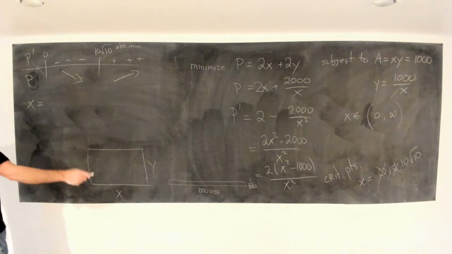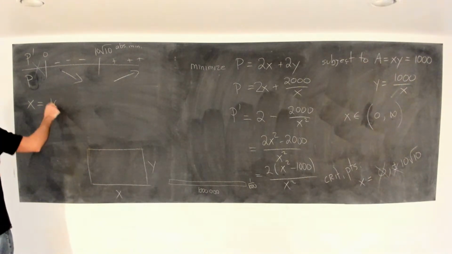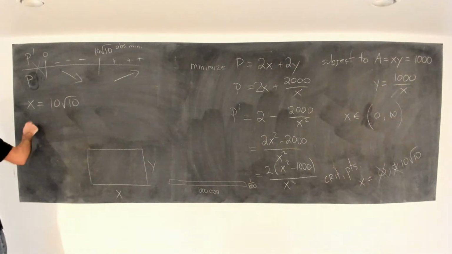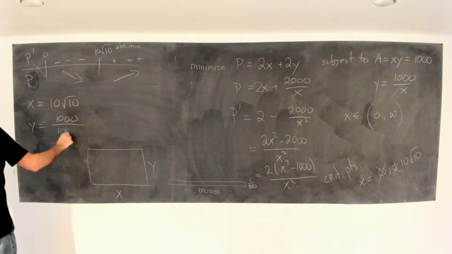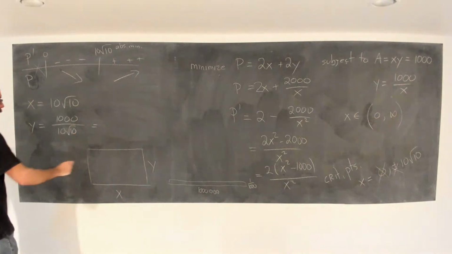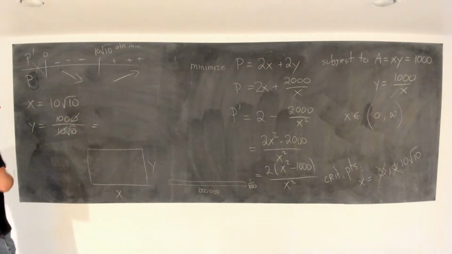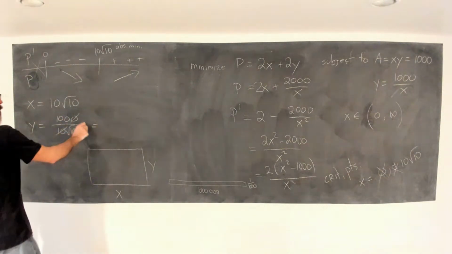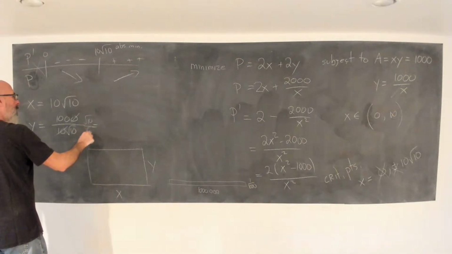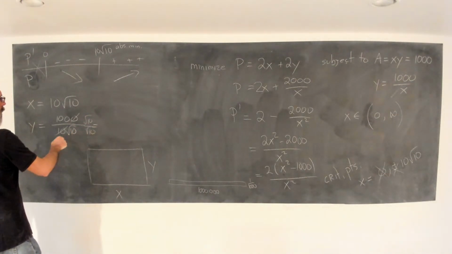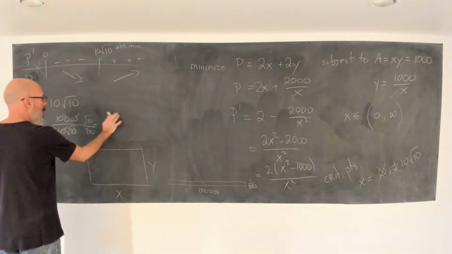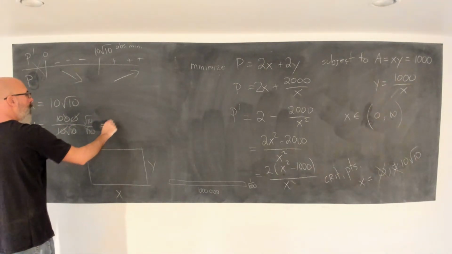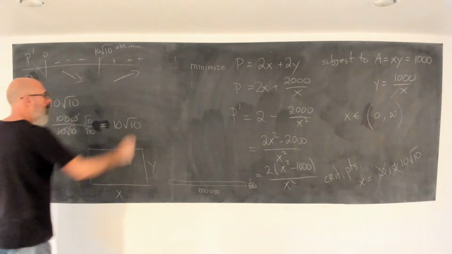The question was asking for the dimensions, so X is 10 root 10. And Y is 1,000 over 10 root 10. If you multiply by root 10 over root 10, this, that, and that cancels out, and we get again 10 root 10.